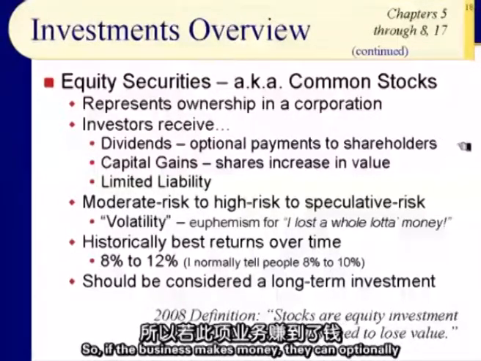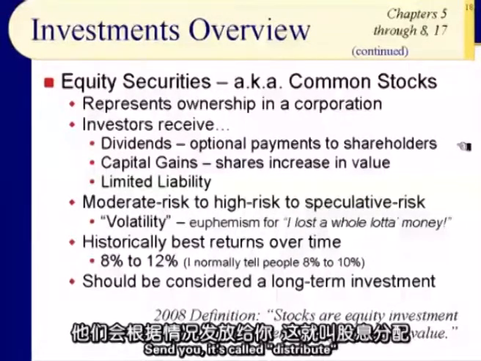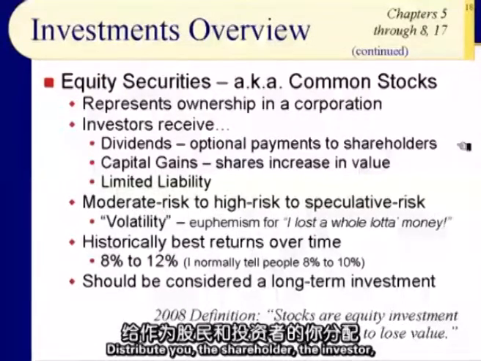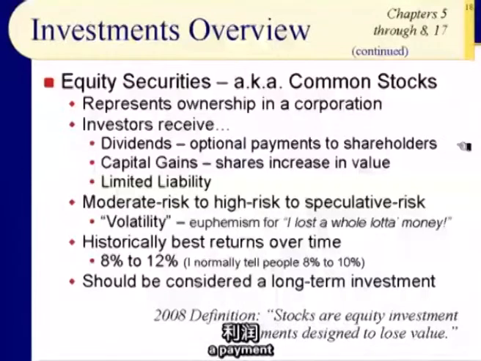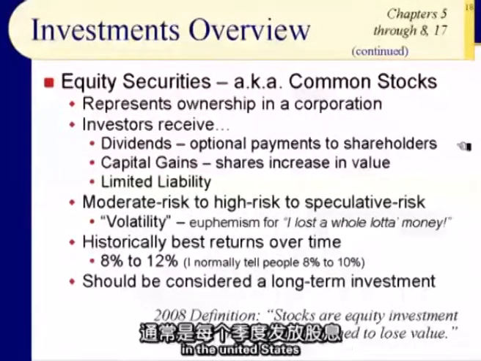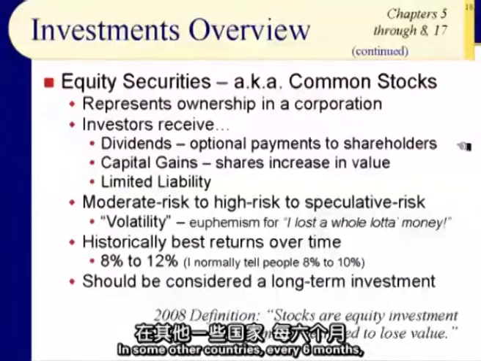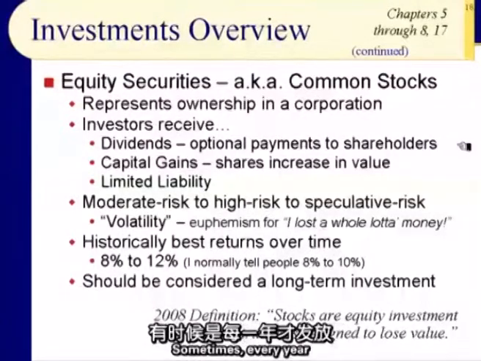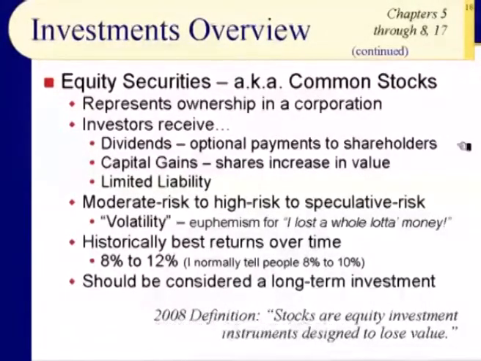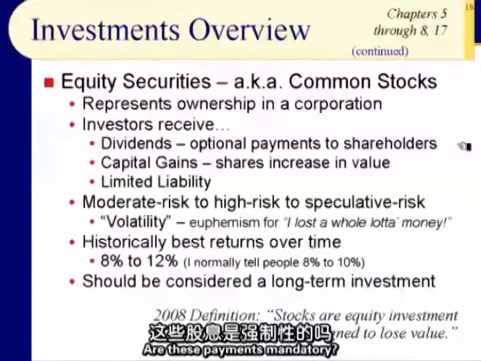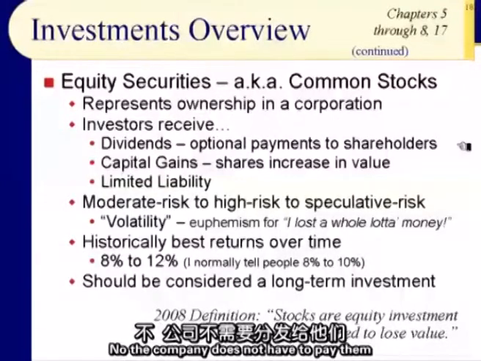So if the business makes money, they can optionally distribute to you, the shareholder, the investor, a payment. And it's normally done every quarter in the United States, and in some other countries every 6 months, sometimes every year. Are these payments mandatory? No, the company does not have to pay them.